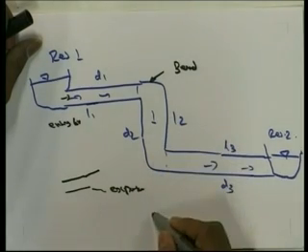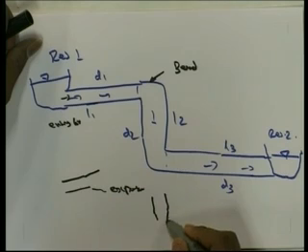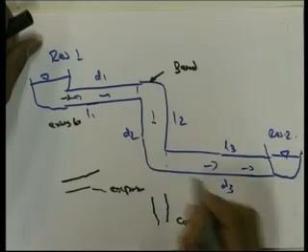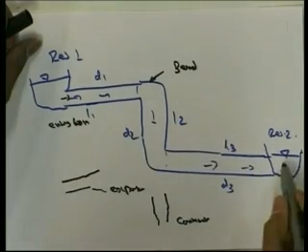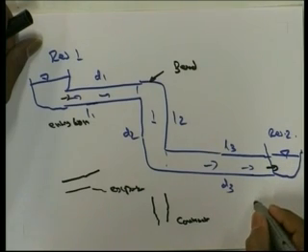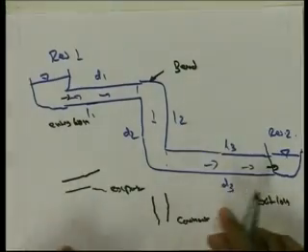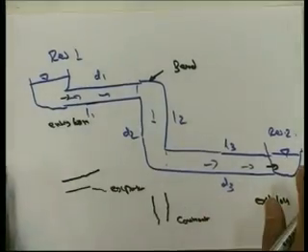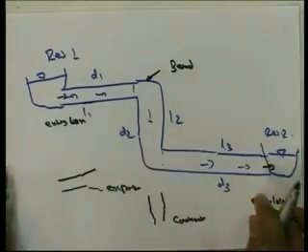Again after reaching here it goes from a larger diameter to a smaller diameter, so there is a contraction, and there is an entry loss here. Finally, when it exits to reservoir 2, there will be an exit loss. All these losses we have to consider when we discuss the head loss or the pressure loss as far as the pipe is concerned.